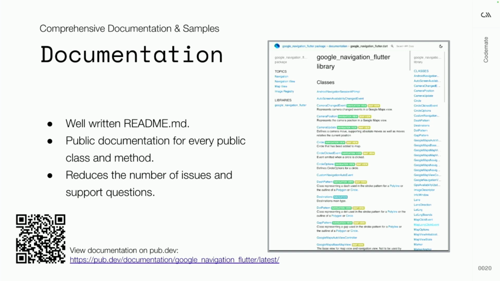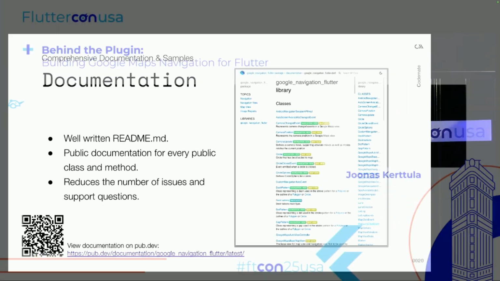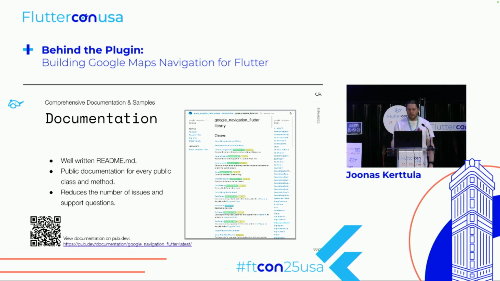And every public class and method has to be documented really well. It's not just nice to have, it's a core part of the user experience because it builds trust between the developer community and reduces the number of issues.